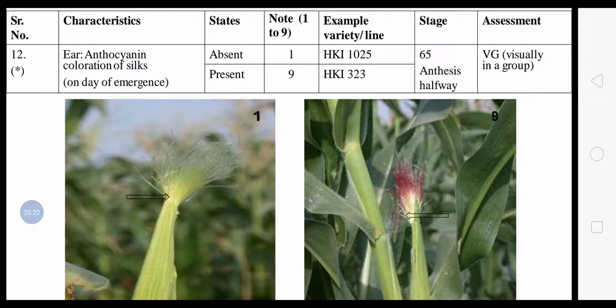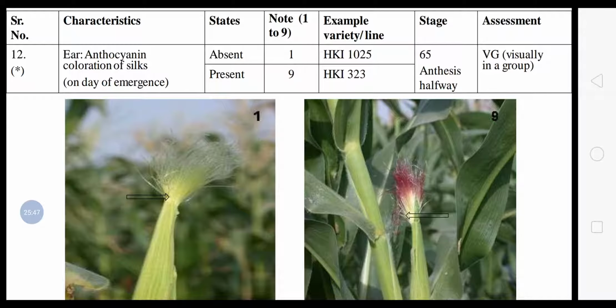The 12th characteristic is anthocyanin coloration of silks. Here you can see in the photograph two different silks. Silk is the topmost portion of the female reproductive part. As such, the whole portion is known as silk, but because of the silk appearance at the top, that portion is called silk. So anthocyanin pigmentation may be absent or present.